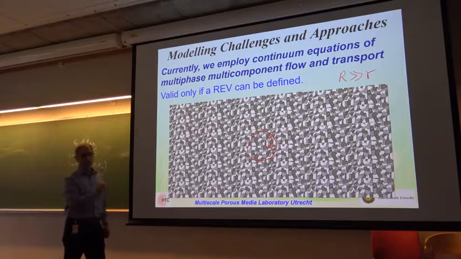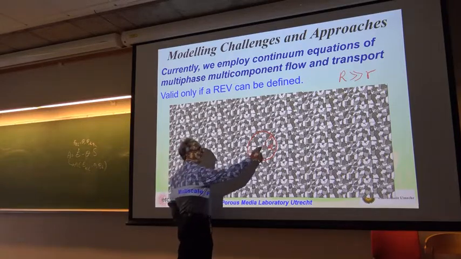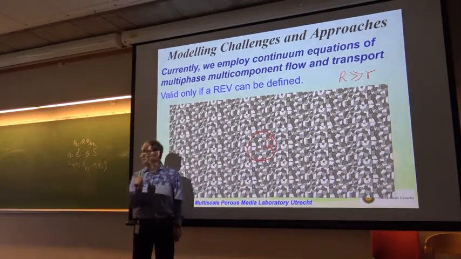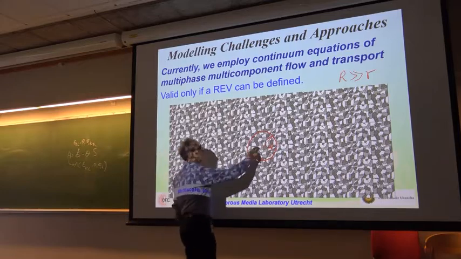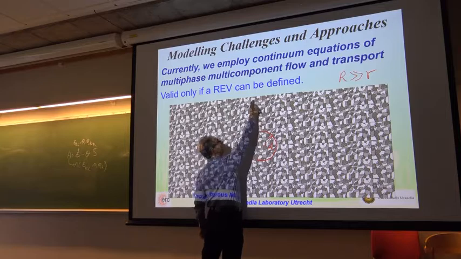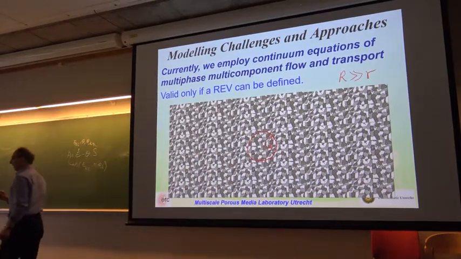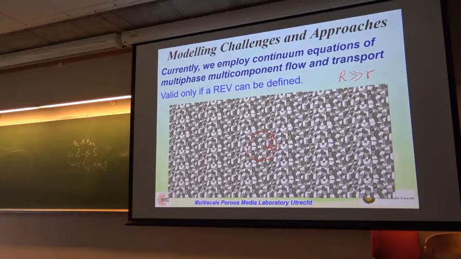But also, when you apply this concept, the average quantities are assigned to the center of the REV. So you move this REV around, but you cannot get it closer than the radius, half the REV size. So the last point for which your macro scale quantities are defined is here, and then all the way around.